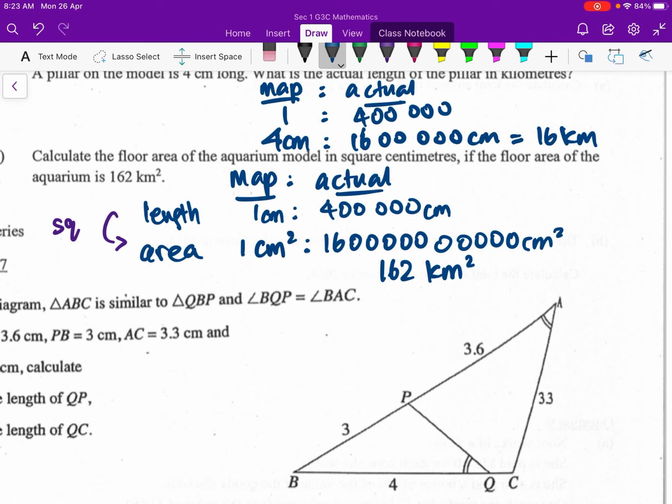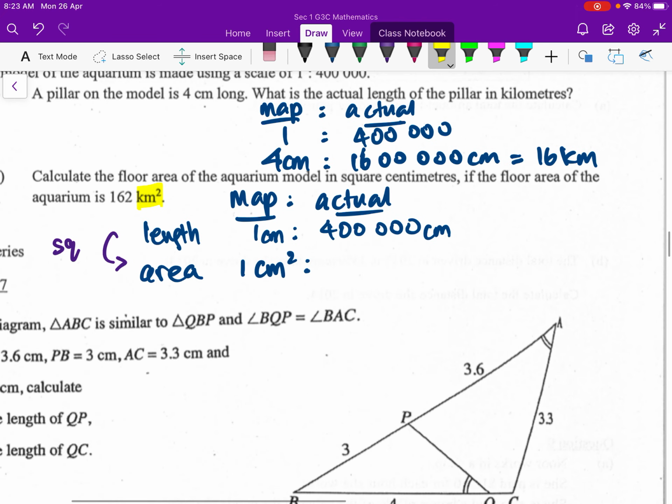Then how do we do it? For this type of question, where we have a difference in the units for area, you go back to the ratio for length, and you put them in the same unit. So instead of cm to cm, you put it as cm to km.